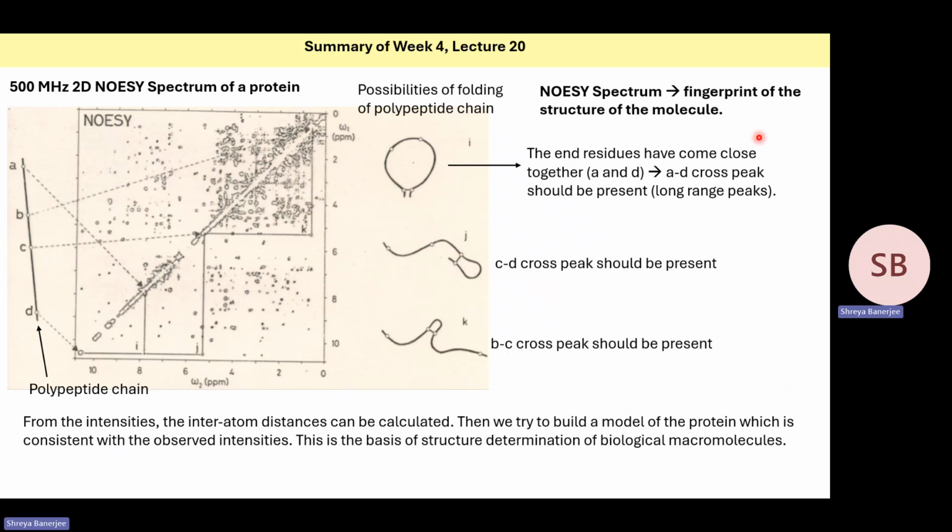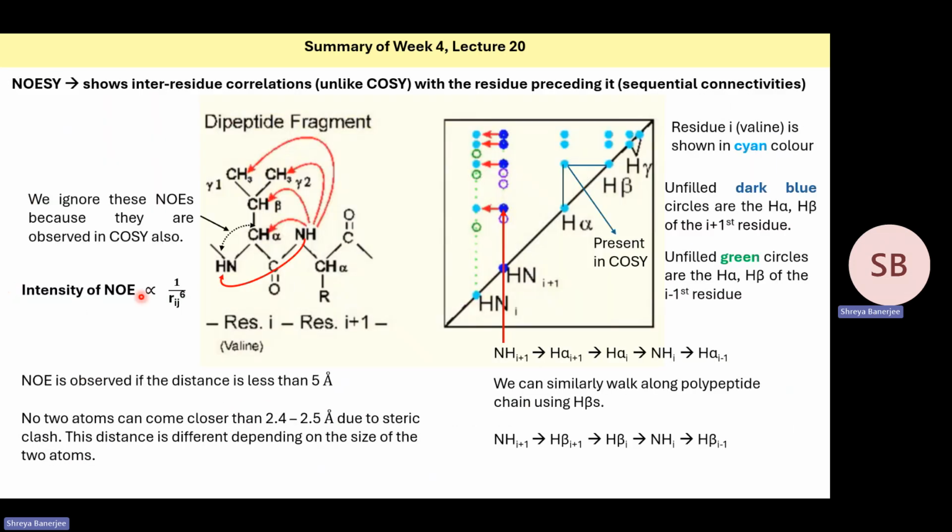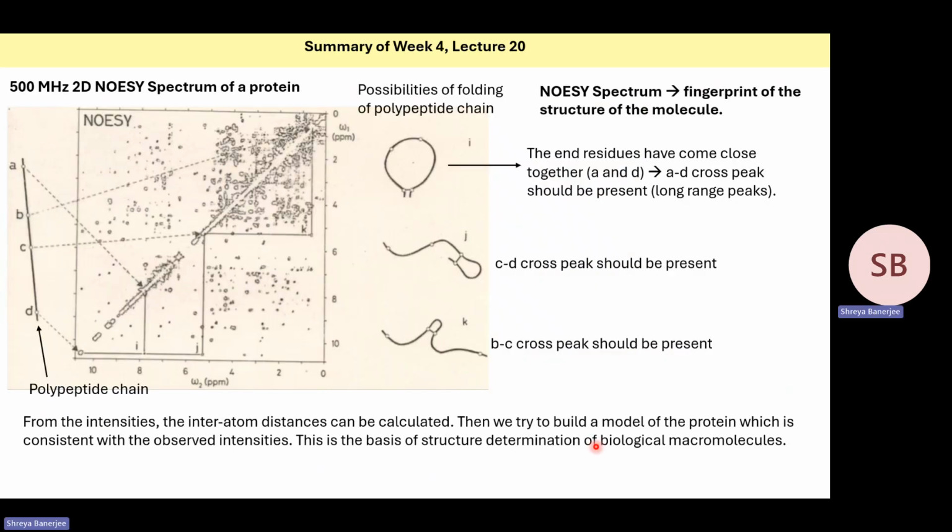So the NOESY spectrum is kind of like the fingerprint of the structure of the molecule, because as the structure of the molecule is different, the NOESY spectra also is different. Now, from the intensities in the NOESY spectrum, the inter-atom distances can be calculated. If you know the intensity, you can calculate r. And then we can try to build a model of the protein which matches the inter-atom distances that we have calculated.